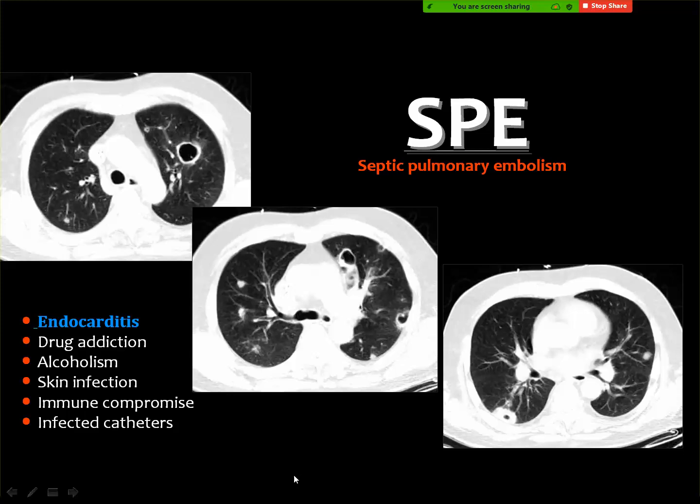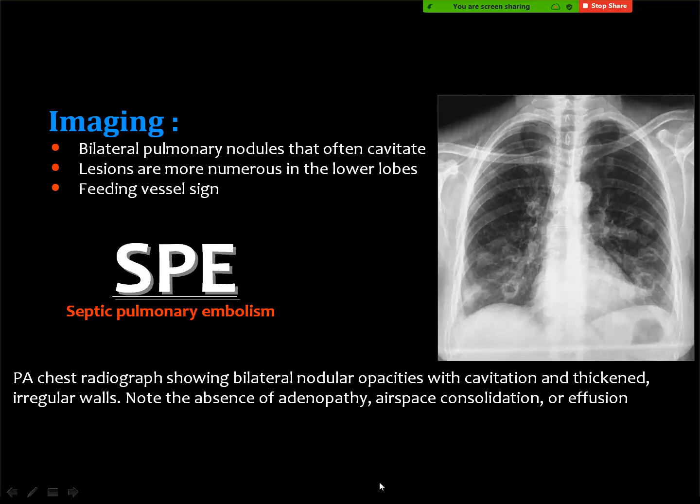These are the possible causes: endocarditis, drug addiction, alcoholism, skin infection, immune compromise, and an infected catheter; a central venous line may cause this. Septic emboli, whenever they are small, do not contain a cavity. But if they reach the size of 2 centimeters, they start to cavitate. Septic emboli should be included in the differential diagnosis of cavitating pulmonary nodules.